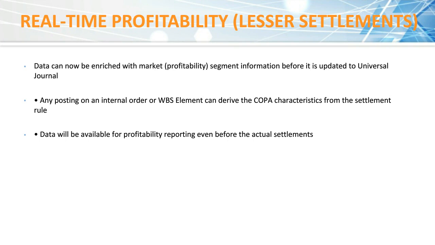So even before the internal order is settled into COPA, you will still be able to see this posting assigned to the profitability segment. The advantage to the business is that they don't have to wait until the end of the month to see the values in COPA. And if you wish, you may even leave the internal order that way, even if you don't settle it, but still you will be able to see the values in COPA.